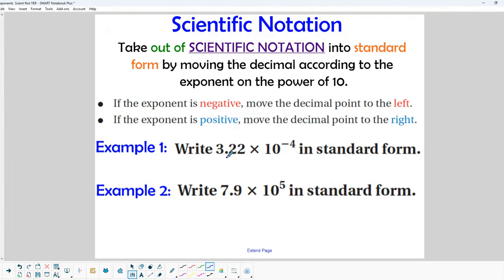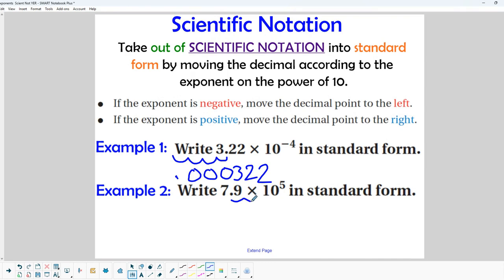So now we're going to move the decimal 4 places to the left, and then if necessary add some zeros in there. And there we go. That's the number that was in standard form before we started out. This one, we're going to move the decimal 5 places to the right.